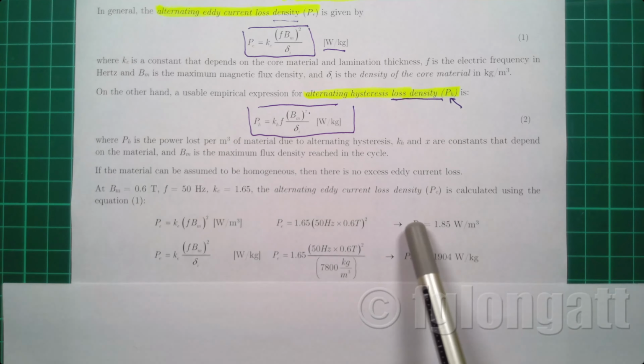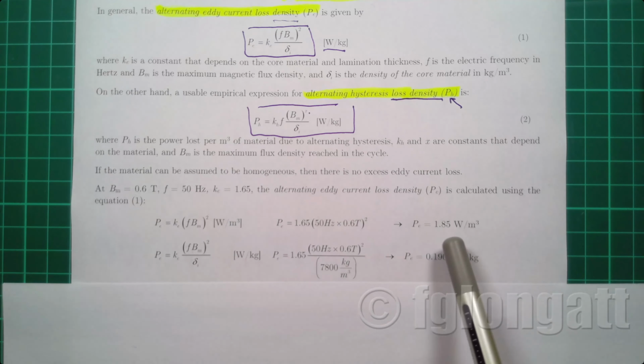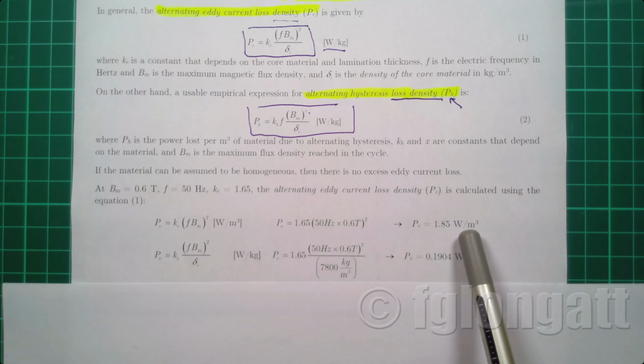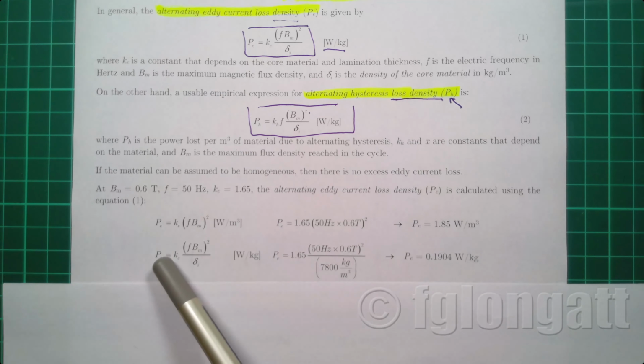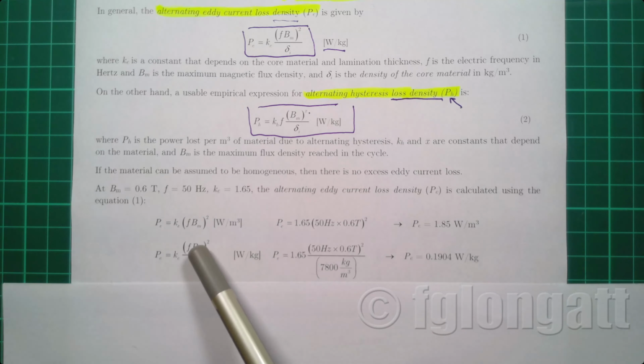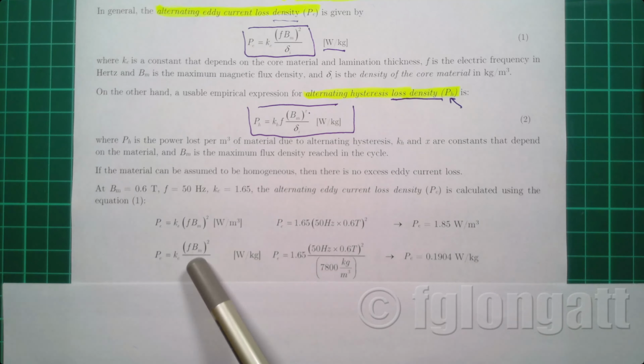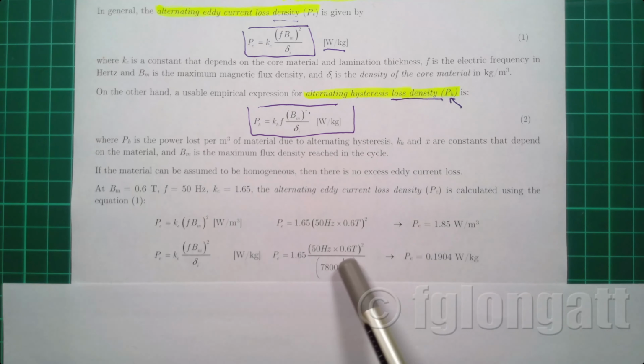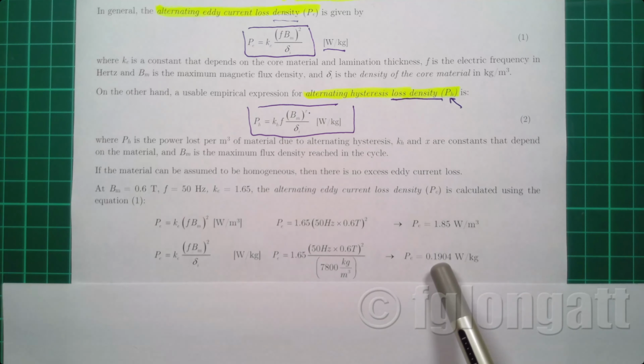And as you can see over here, this is the alternating eddy loss density based in watt per cubic meter. And below we have the equation where you clearly identify the density of the core material. And using this equation, we can get the loss density in watts per kilogram.